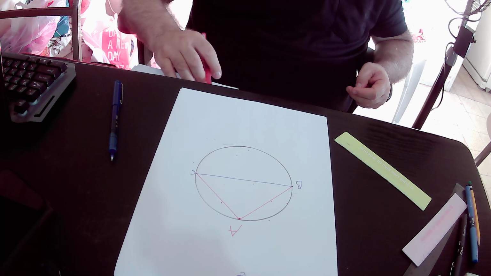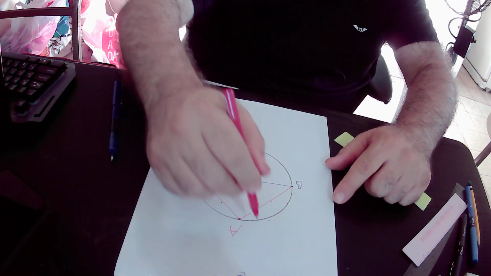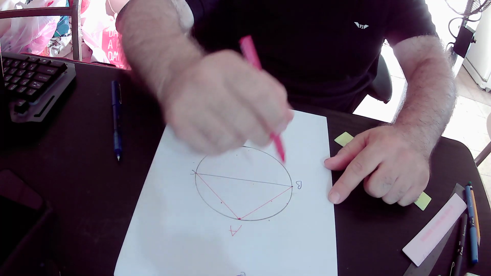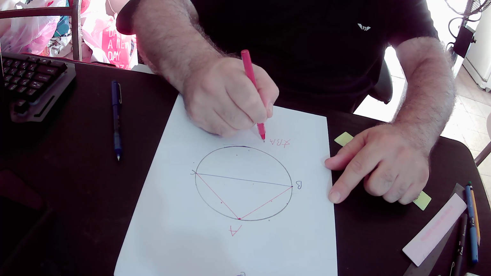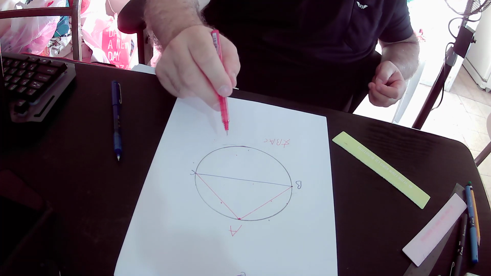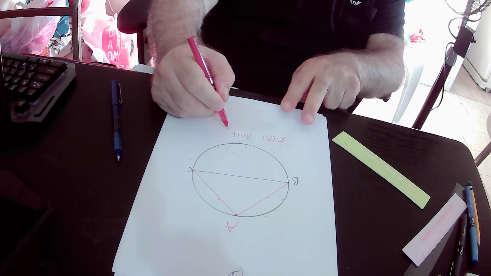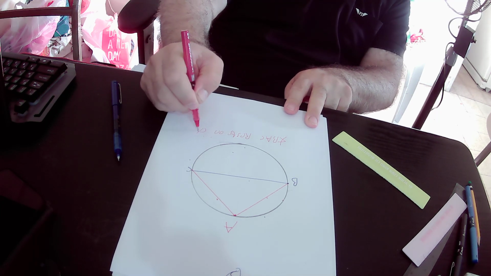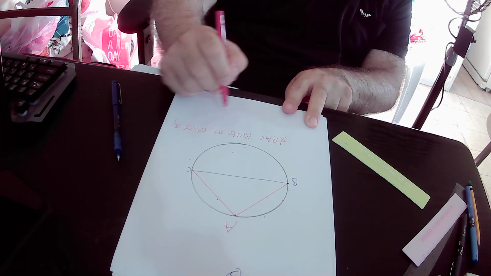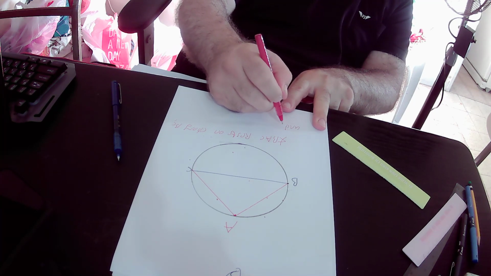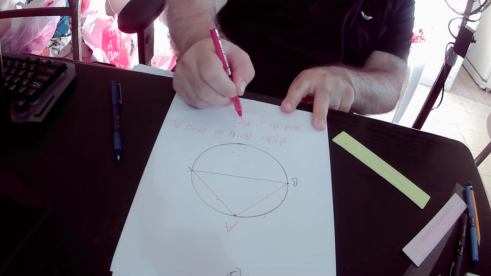So peripheral angle BAC rests on chord BC, and BC is the diameter of the circle.